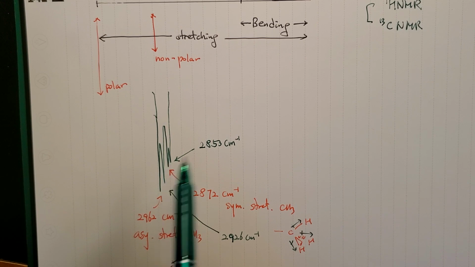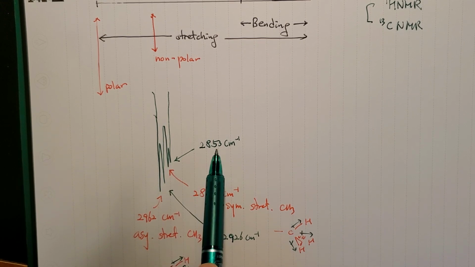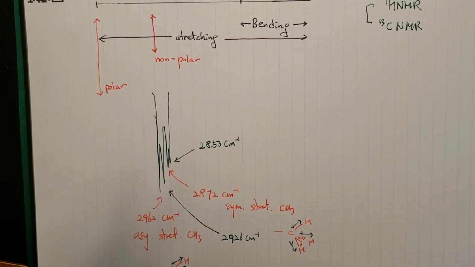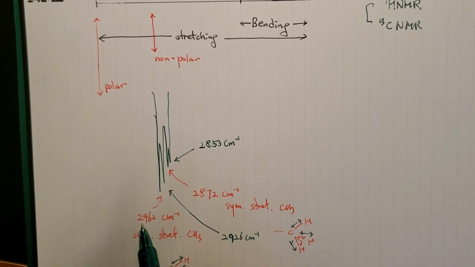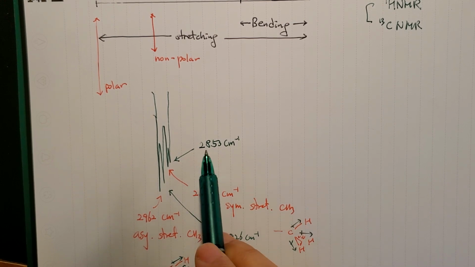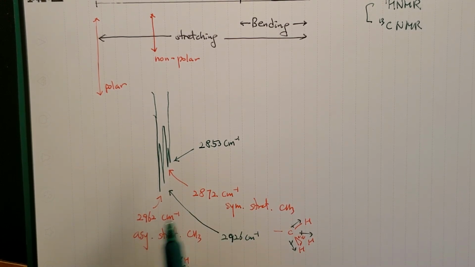This one here, it's not quite low, but kind of bottom 2800. So 2900 top, 2900 bottom, 2800 top, 2800 bottom. The two tops, 2800 and 2900, are from the methyl group, somewhat lower for methylene groups.